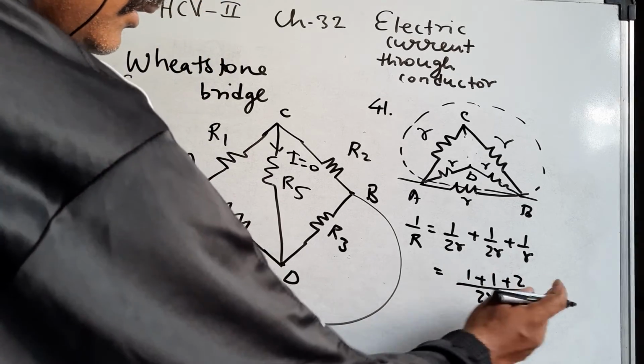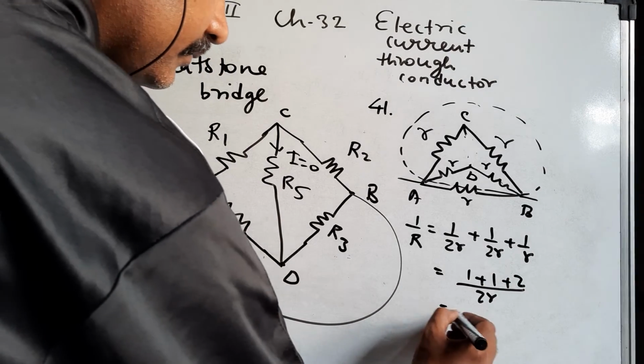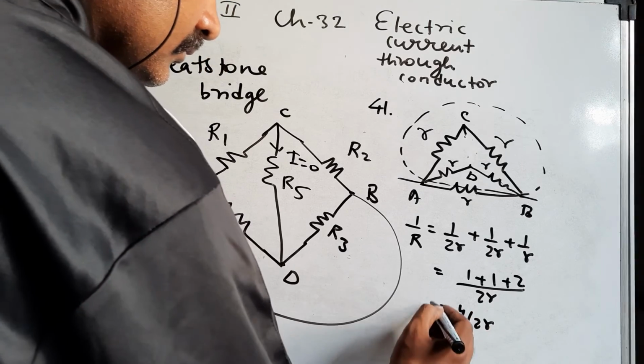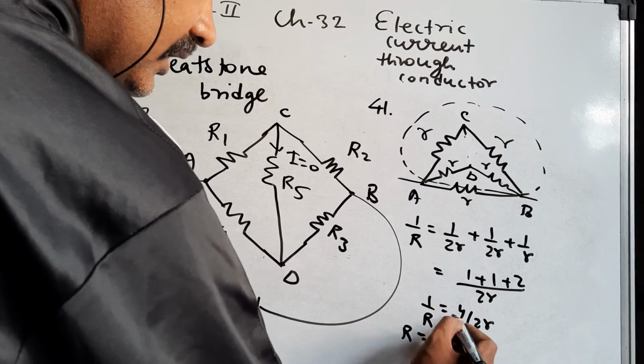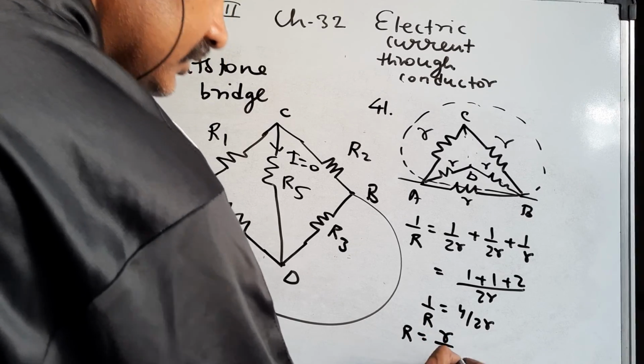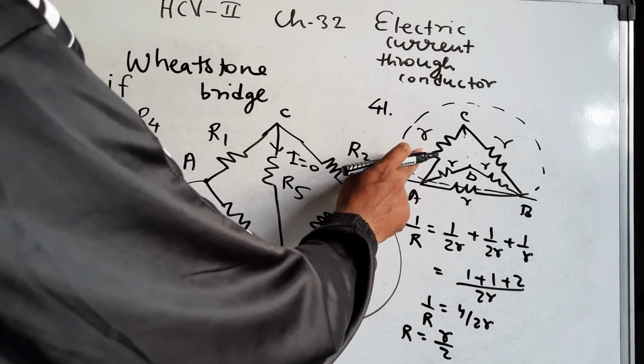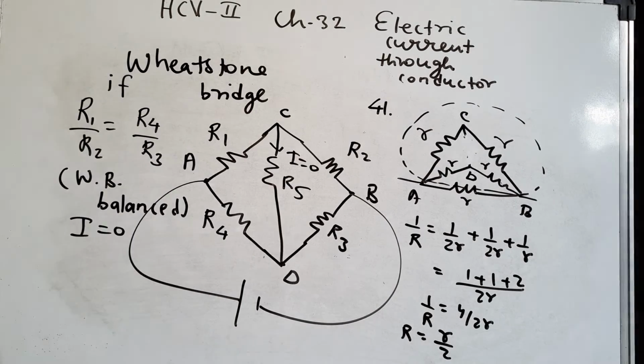So this is going to be 4 divided by 2R, and R will be equal to 2R divided by 4, it will be R by 2. That means if it is R, then the equivalent resistance will be R by 2.